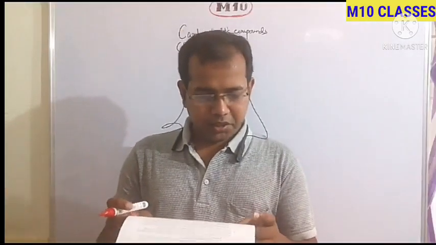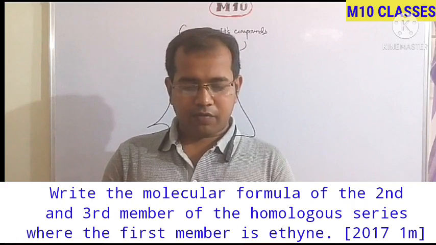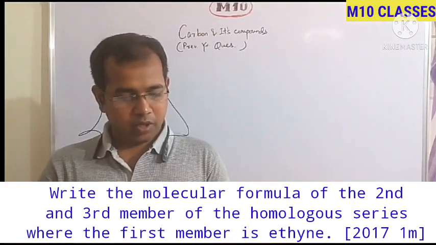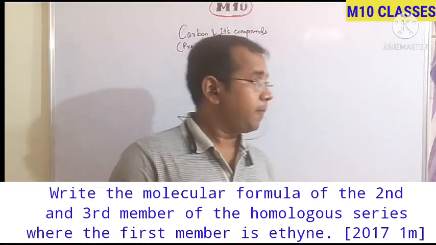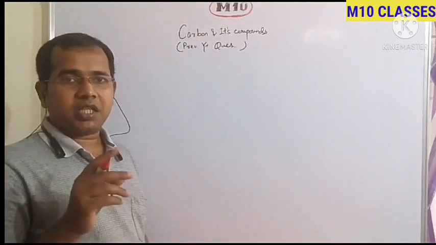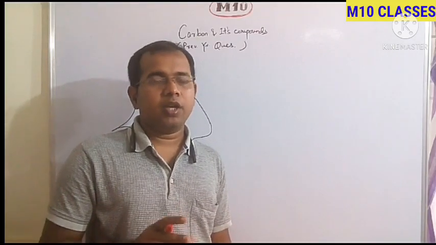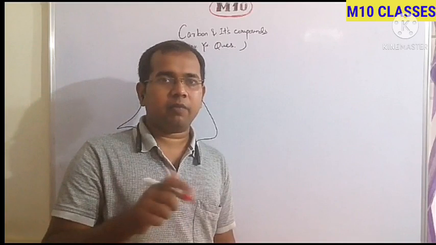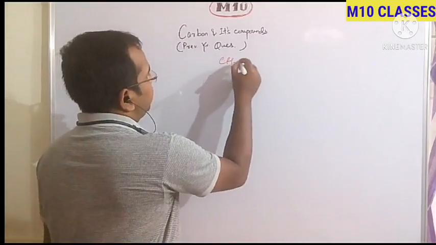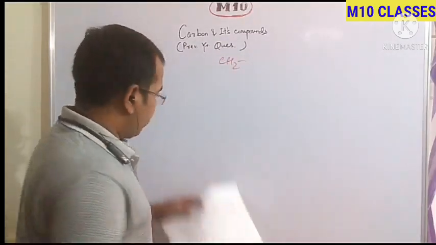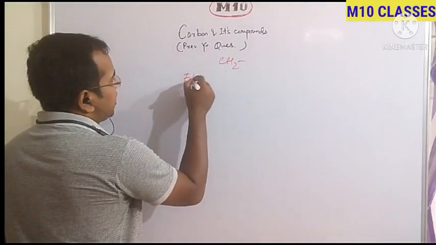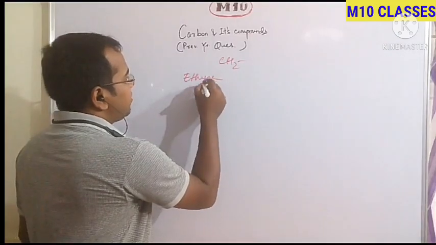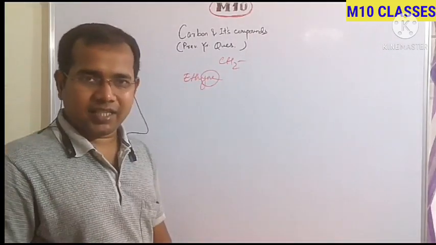The question is, write the molecular formula of the second and third member of the homologous series, where the first member is ethyne. What is a homologous series? A series of carbon compounds which have similar chemical properties and each successive member differs by a CH2 unit. Now it is given the first member is ethyne. Ethyne means it's an alkyne.